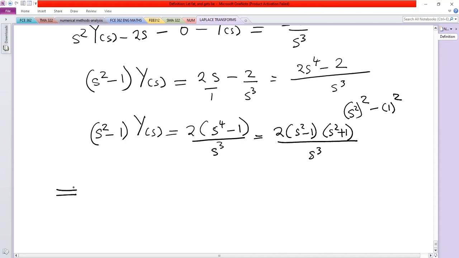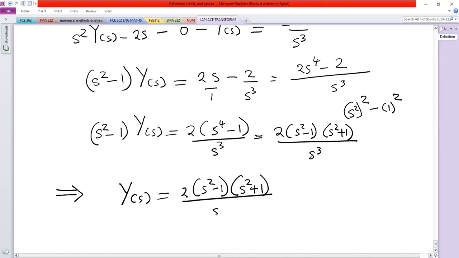So capital Y of s, dividing through by s squared minus 1, will be 2 into s squared minus 1 times s squared plus 1, divided by s squared minus 1, and then there's an s power 3.